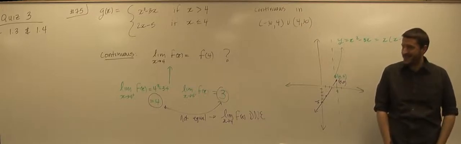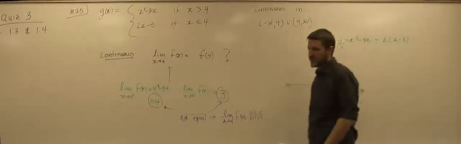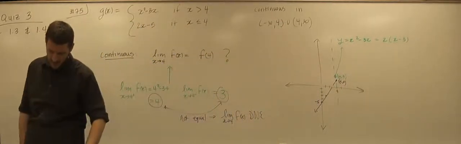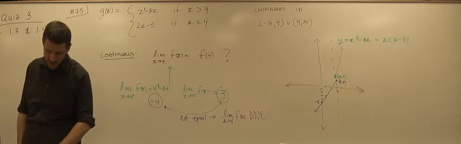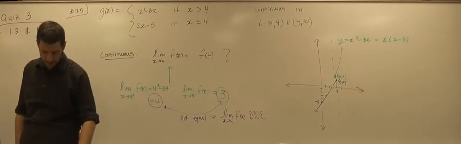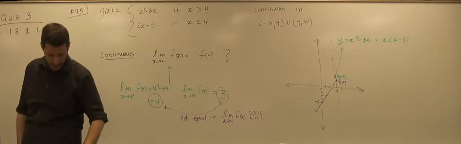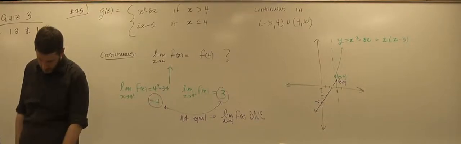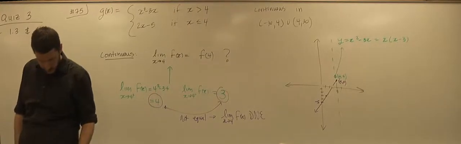Did you guys do okay with your limits in 1.3, the trig limits and the rationalizing and all that? Any problems with that? I mean, we did 61, but any other limits from there I can help you with?